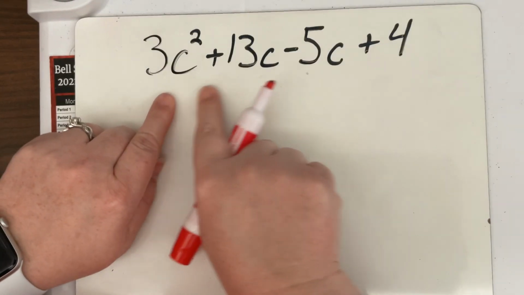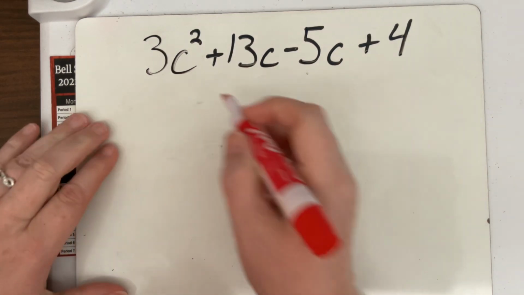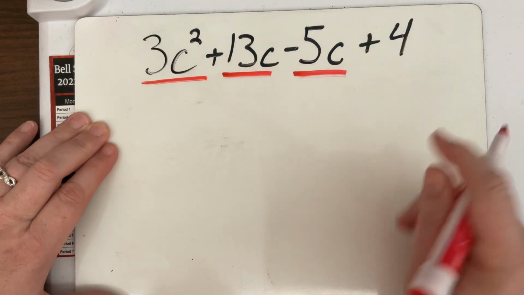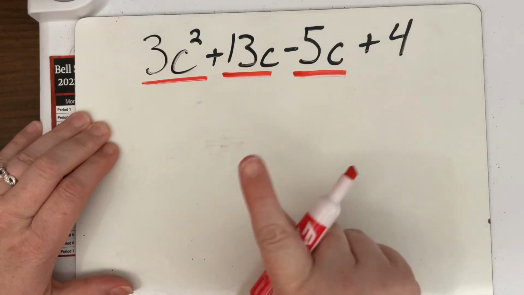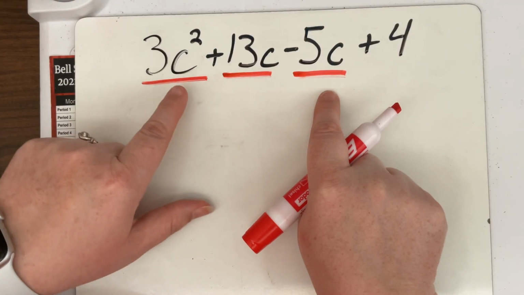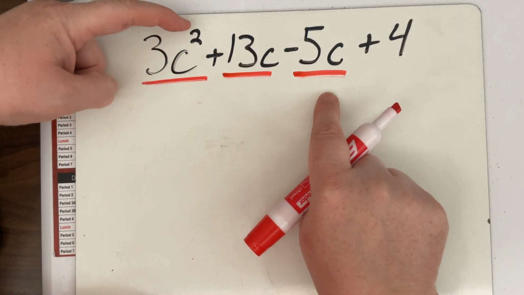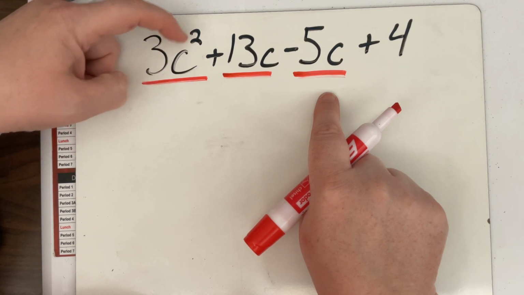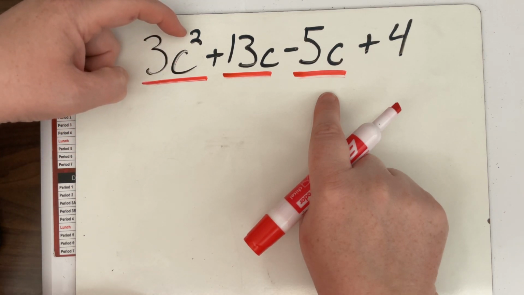Now, 3 of these all have c's. So that means I can just underline all the c's, right? Nope. These are regular boring c's, but see this c? It's a c squared. So it's 2 c's multiplied together.